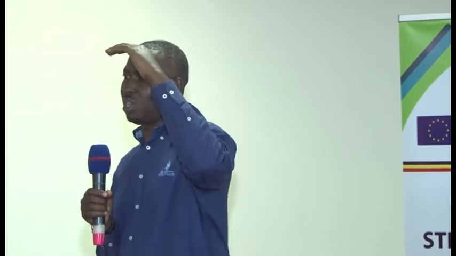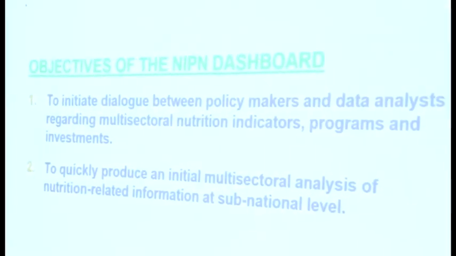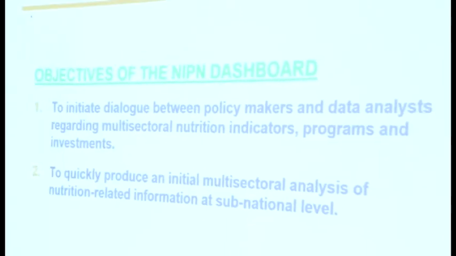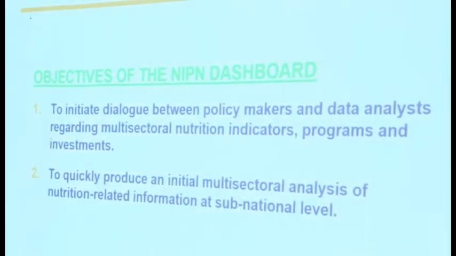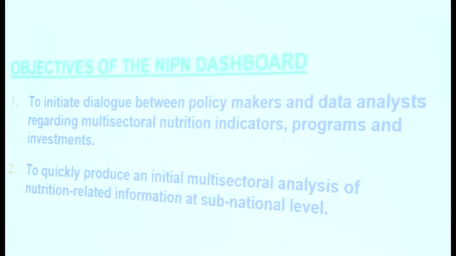regarding these multi-sectoral indicators, programs, and investments. The second one is to quickly produce an initial multi-sectoral analysis of nutrition-related information at the subnational level. Again, this is now taking it from the national level, stunting rates. Again, here I would say that Sumit as well mentioned this yesterday when he said 29% of children in Uganda are stunted.